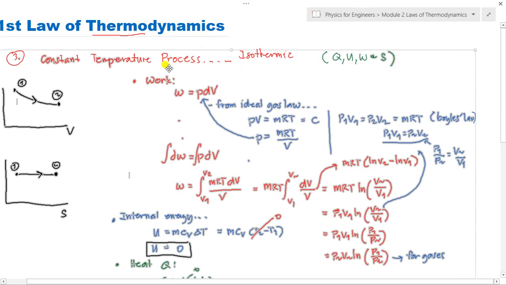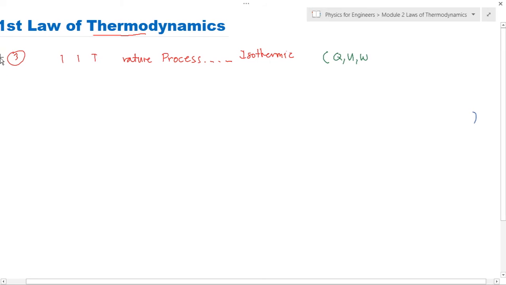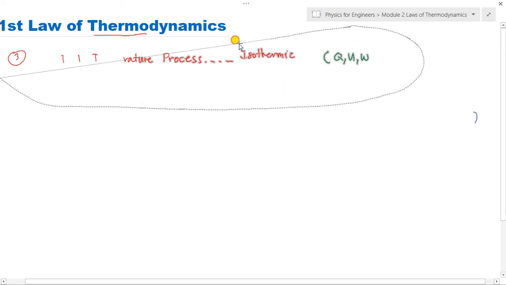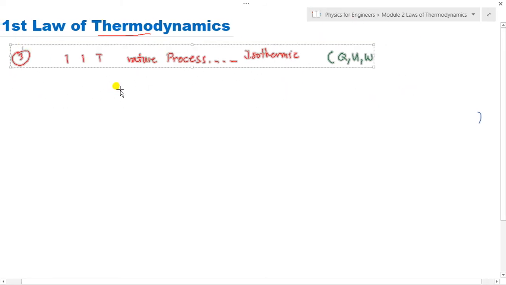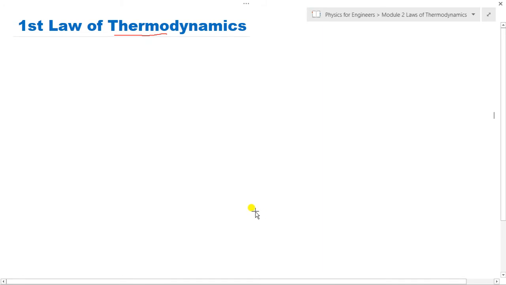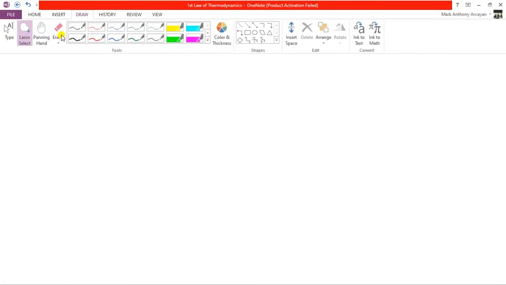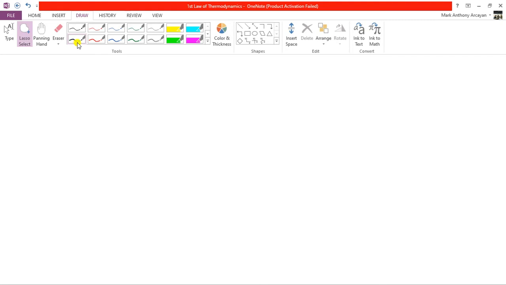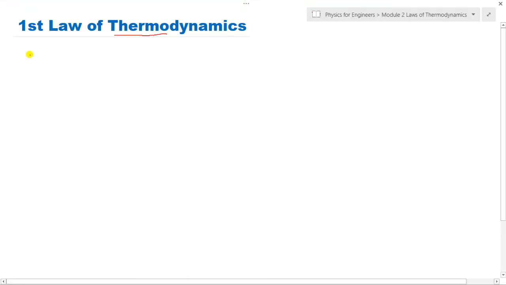Actually it's not yet the last, but anyway, the last is related. Okay, for the fourth one, we have finished the three basic parameters, pressure, volume, and temperature. The fourth, we are going to call adiabatic process.